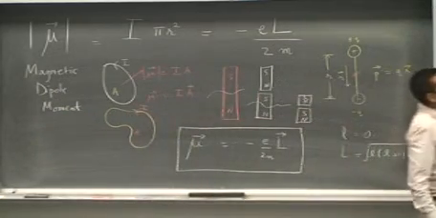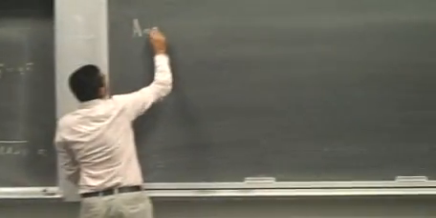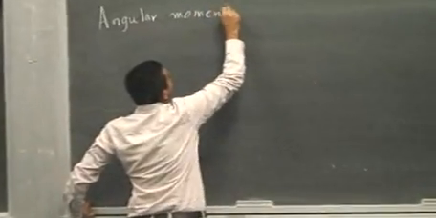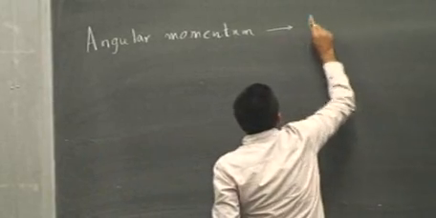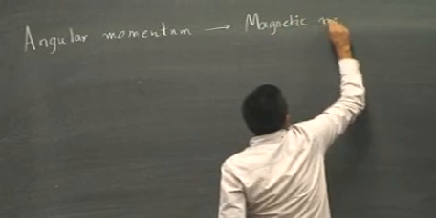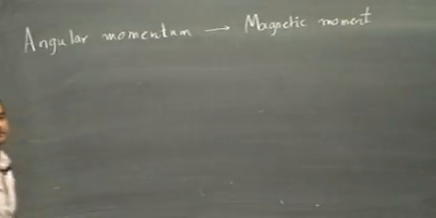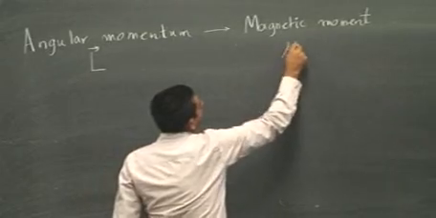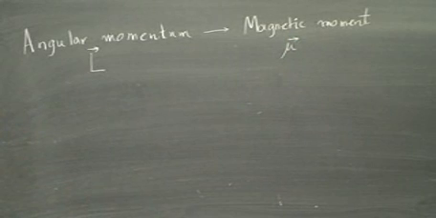So the key idea that I would like to present is that whenever you have some angular momentum, associated with the angular momentum, there is a magnetic moment. Angular momentum L, magnetic moment mu, which is proportional to the angular momentum, and there is a constant of proportionality in between.